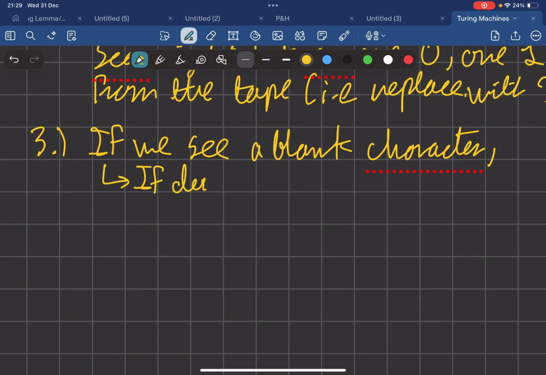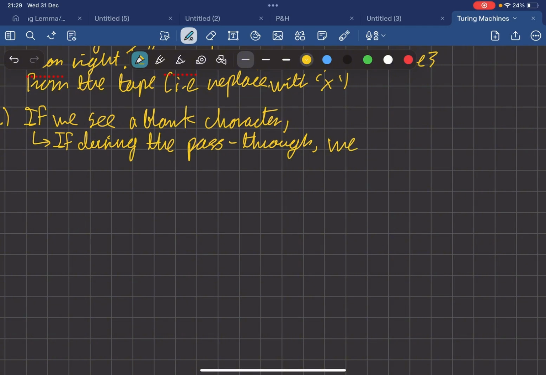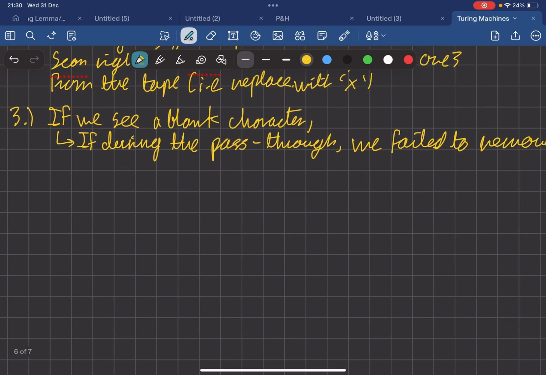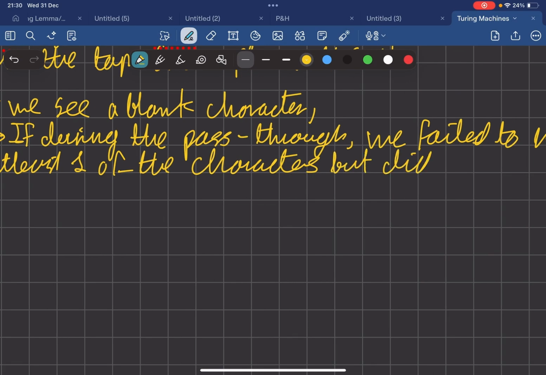So if during the scan, during the pass through, we fail to remove at least one of the characters, but did remove others, it means the others were not all crossed out.